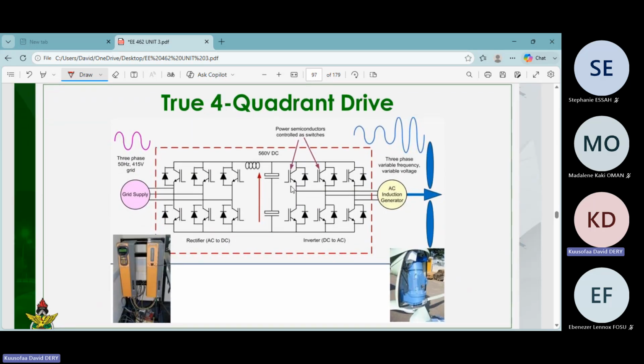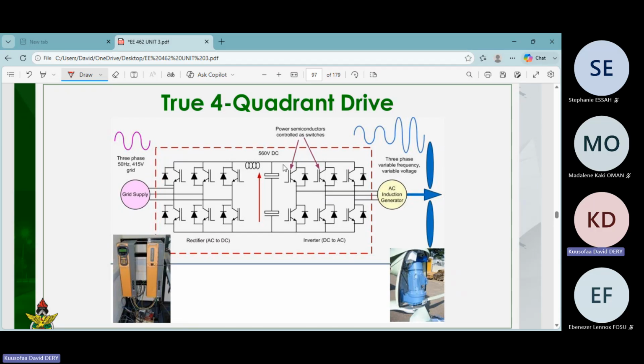We also have 4-quadrant operation in the induction motor drive. This is an inverter. This one is also a rectifier, but it's an active rectifier. It converts from AC to DC, and then this one converts from DC to AC. It allows power to flow in either direction, right?